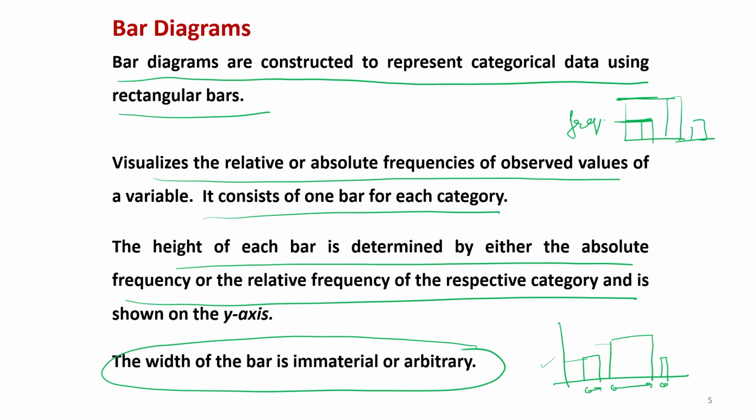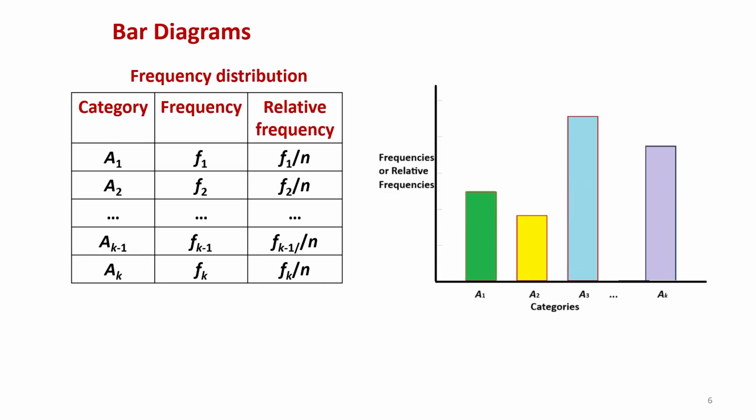In the histogram, yes, the width and the height both matter, but in the bar diagram, only the height of the bar matters. But it is only for the sake of convenience and for better understanding that we prefer to make the bars of equal width, right. So, let me show you how bar diagrams look, how they are constructed, and then how you represent them on the bar chart.